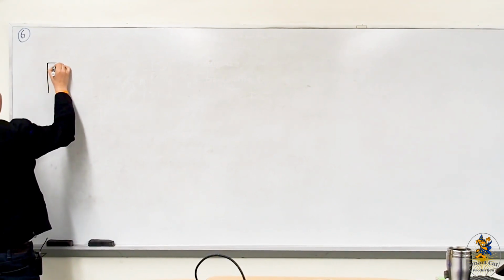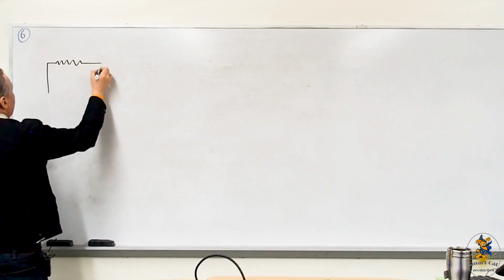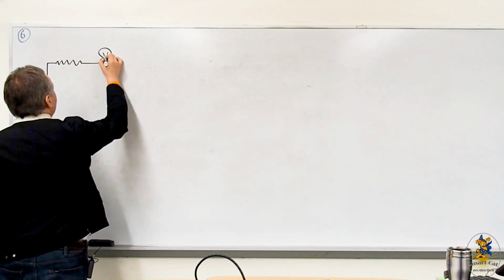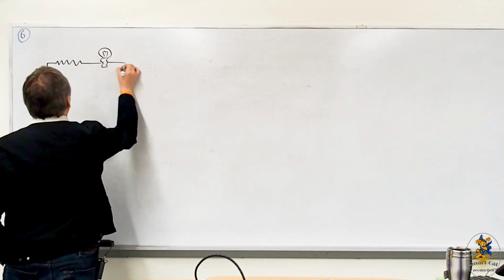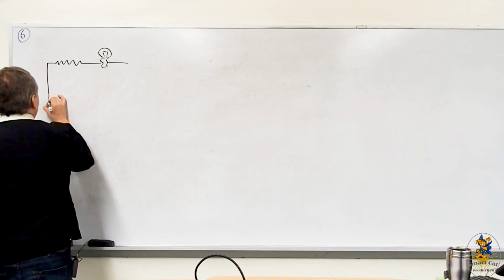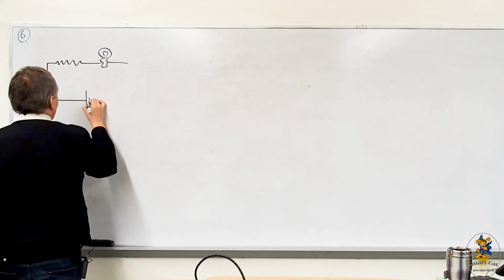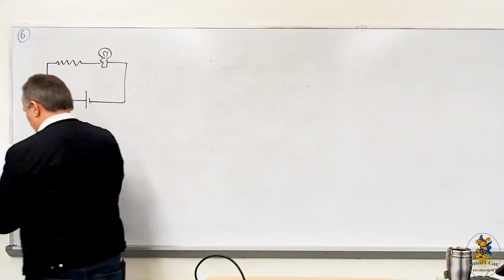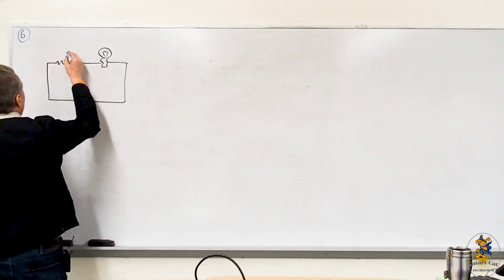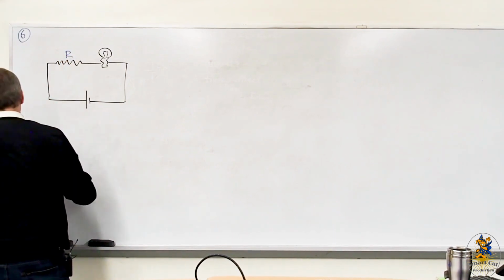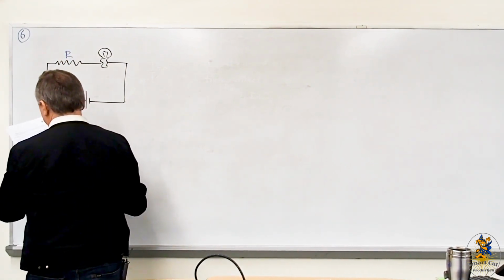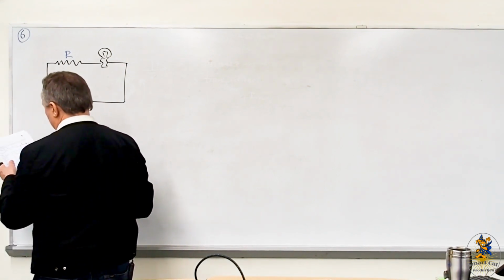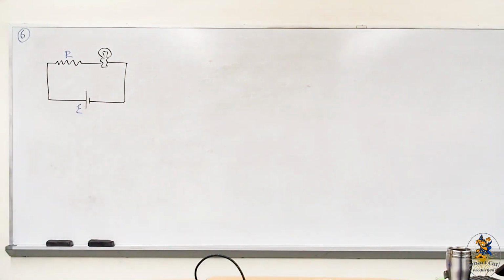That's my resistor, then the bulb, and a battery. Let me label them. That's R. That's EMF.